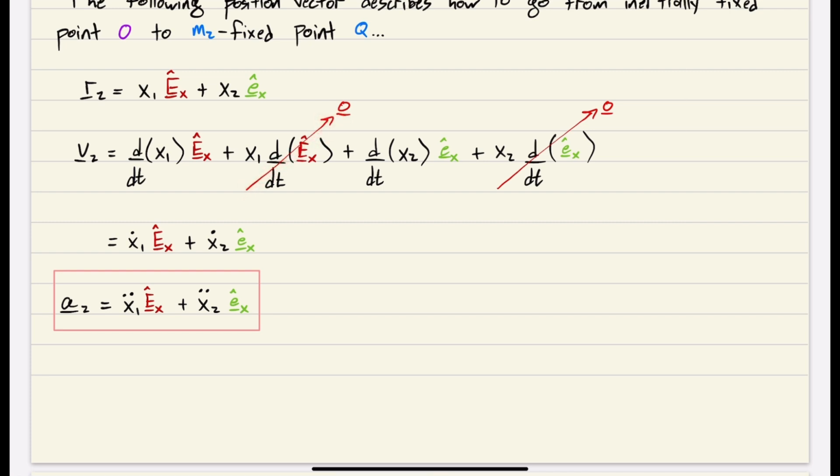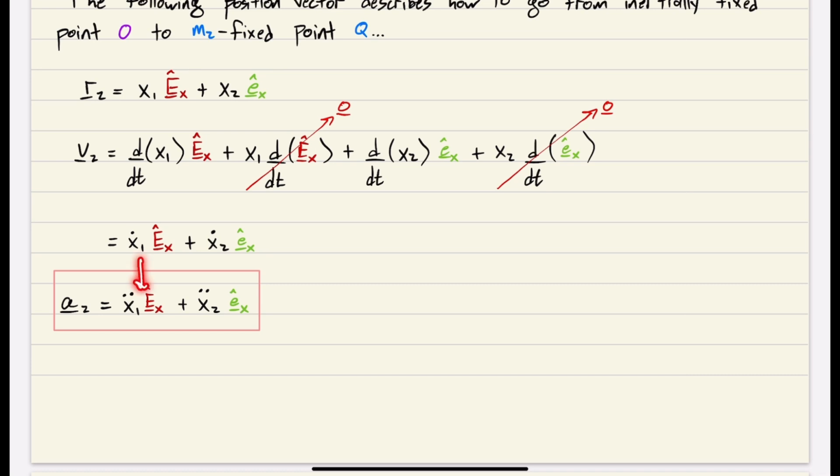Our inertial unit vector here, rate of change goes to 0. So we're just left with x1 dot ex. And then again, another application of the product rule right here, and we're left with x2 dot in the green ex.